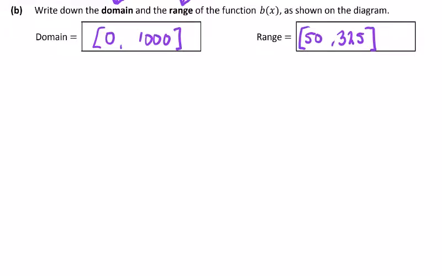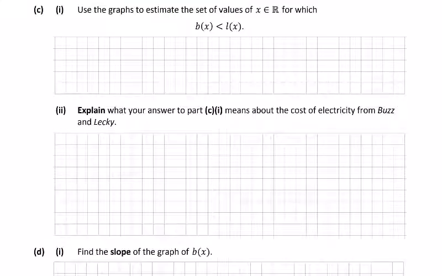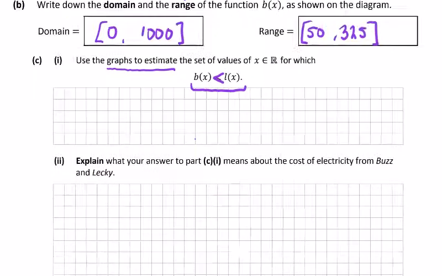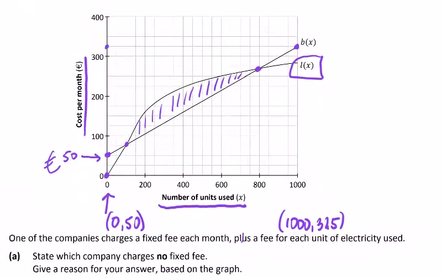There's a part C here too. So always these reading from graphs questions, guaranteed to come up. Use the graphs to estimate the set of values for when B of X is less than L of X. So let's look at when B of X is less than L of X. Well, these are the points at which they cross, B of X and L of X. So X has to be between whatever number this is.